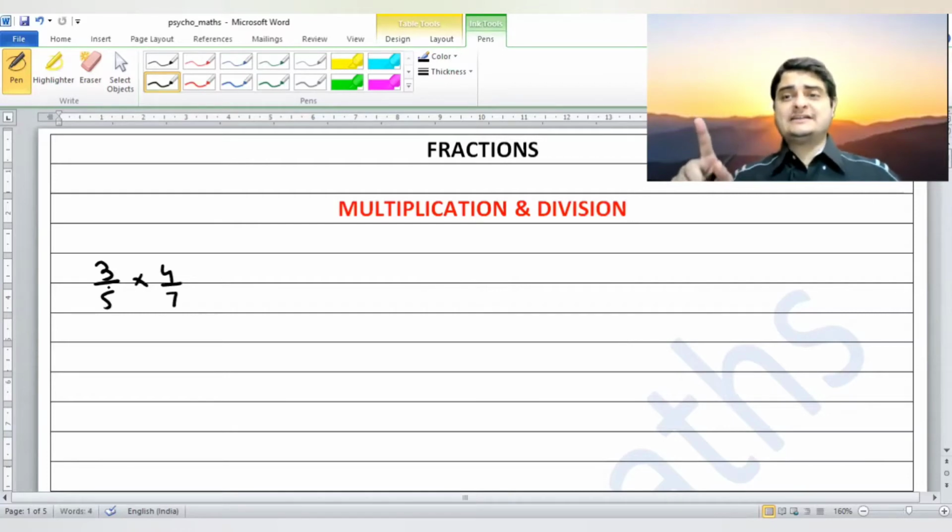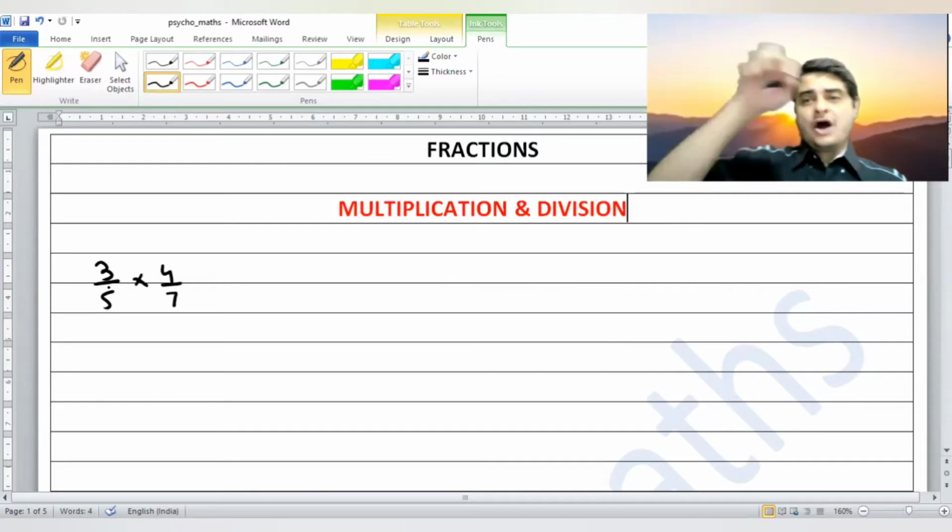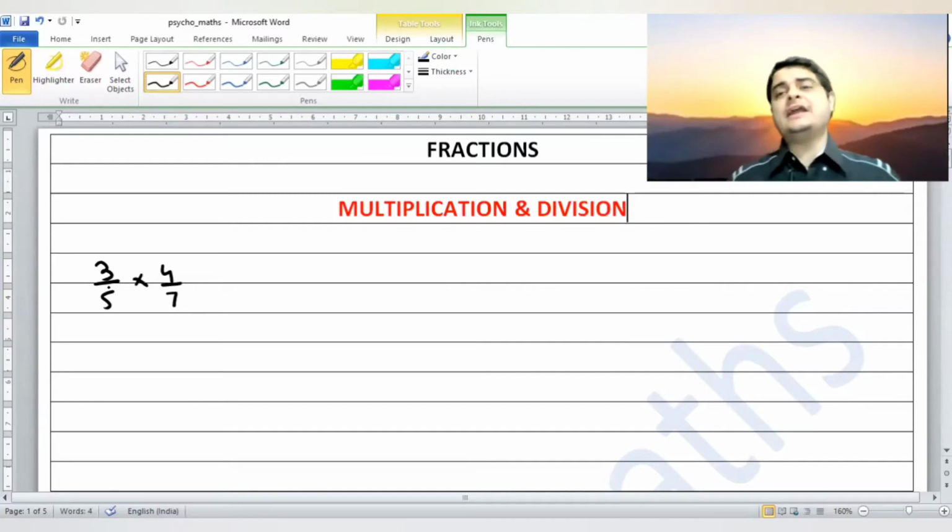You cannot cut the numerator with the numerator or the denominator with the denominator. As it is rightly said, opposites attract, but here opposites cut.